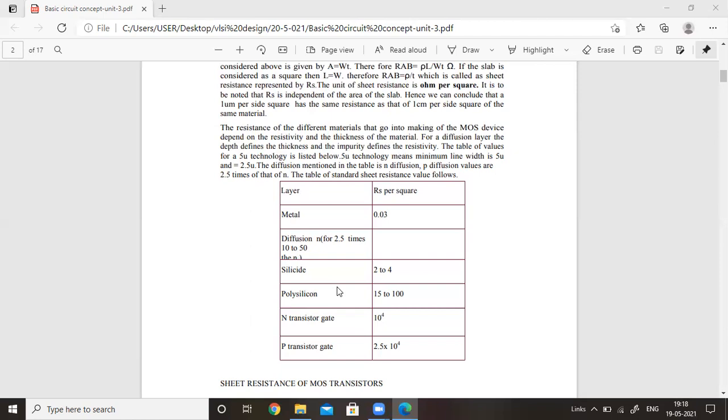The minimum width of the polysilicon is 2 lambda, and the minimum width of the diffusion layer is also 2 lambda. Where the polysilicon crosses the diffusion layer, you get a square at the crossing point. The length is 2 lambda and the width is also 2 lambda. That is called the minimum size transistor.